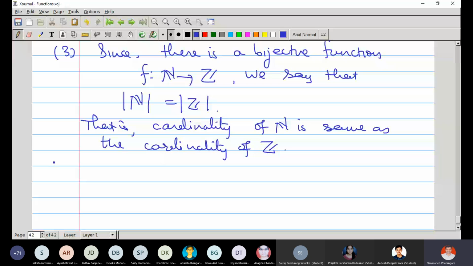This is a strange thing because our sets are infinite. Note that as a set, N is a proper subset of Z. It is a proper subset, but if you count the number of elements, it is the same. This is the difference in infinite sets. In the finite case, it is not possible.